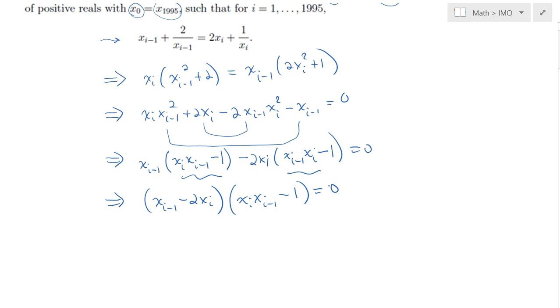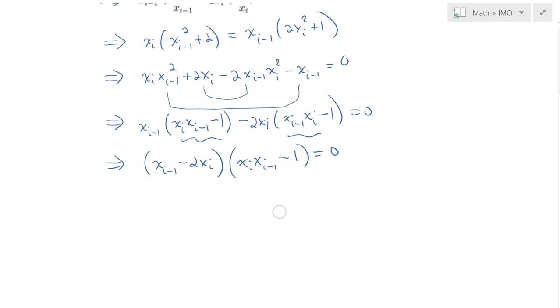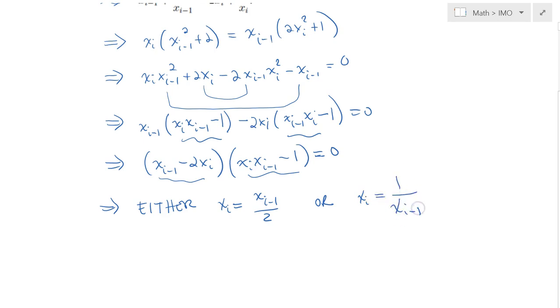And now finally, what this means is that we have a product whose value is equal to 0. So this would imply that either the first factor is equal to 0, in which case x sub i can be recursively defined as x sub i minus 1 over 2, so the preceding term divided by 2, or the second one is zero, in which case x sub i again can be written in terms of the preceding term by this relationship.